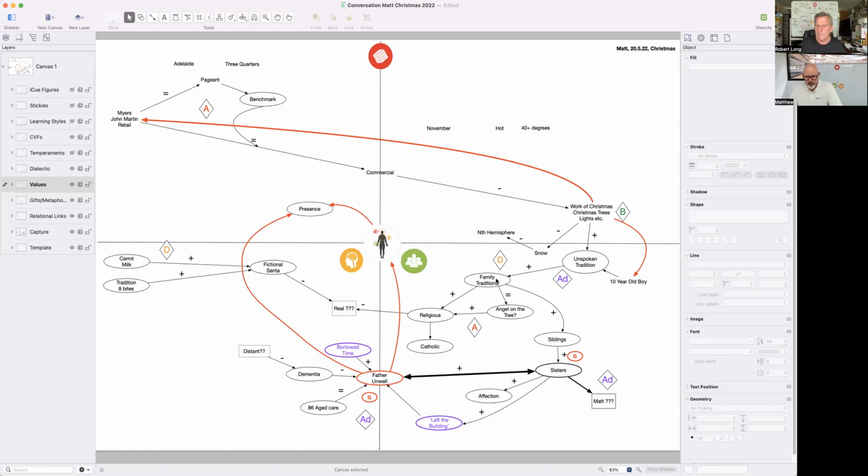When you run through your family traditions of the angel on the tree, that's done with your children. When you have an unspoken tradition, that's pretty ad hoc politically. But when we think of the work of Christmas and the commercialization of Christmas, the bureaucracy around making Christmas work, Christmas trees, Christmas cards, Christmas lights, that's all about the power of organizing. Okay. And so that's another layer we can think of, the political layer, using this particular map.